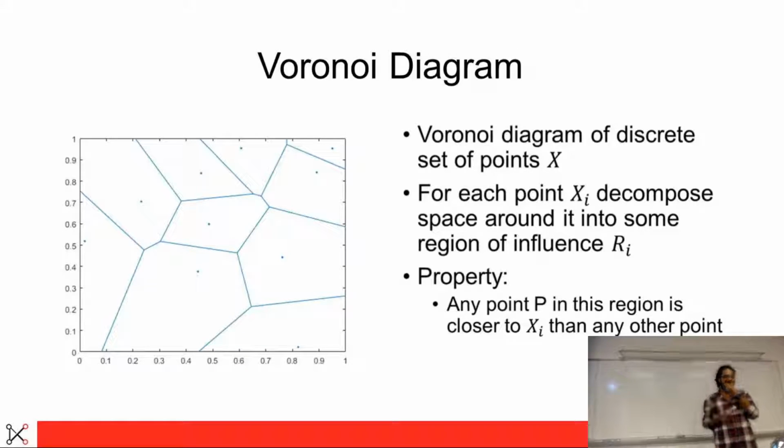This idea of the Voronoi diagram is much deeper. It's also used to represent categories. You can imagine that this is some kind of taste space.